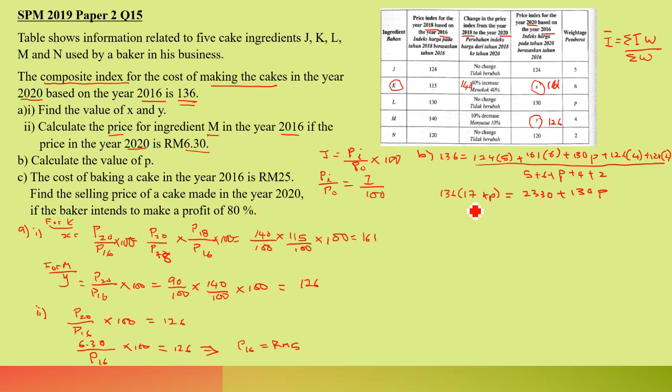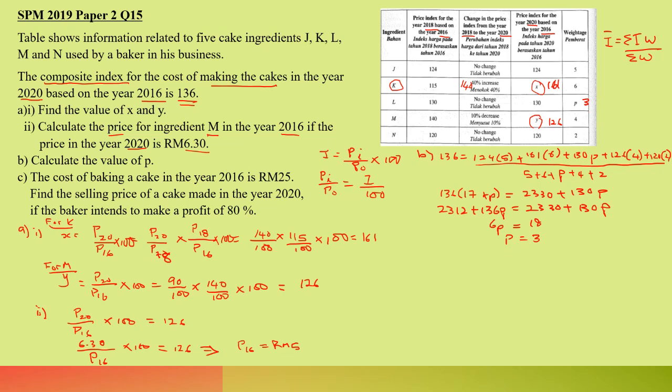So you will have 2312 plus 136P equals to 2330 plus 130P. Bring all your P together and bring all your constant together. So you found P equals to 3. So you already calculated your P.